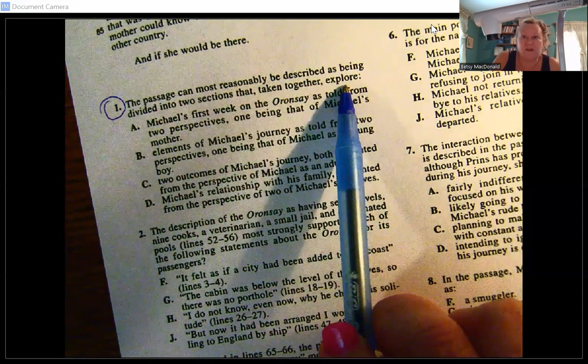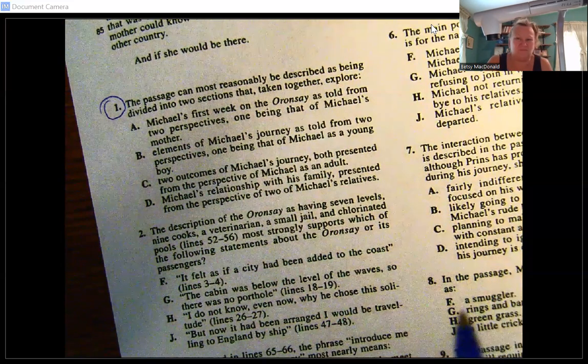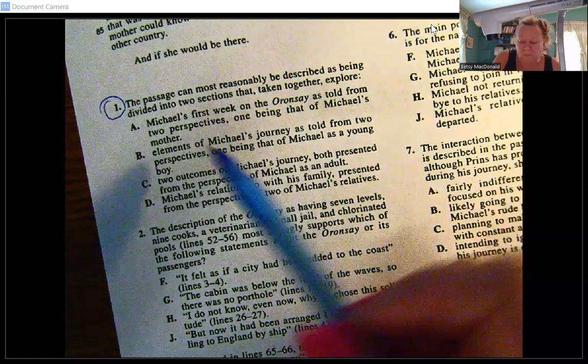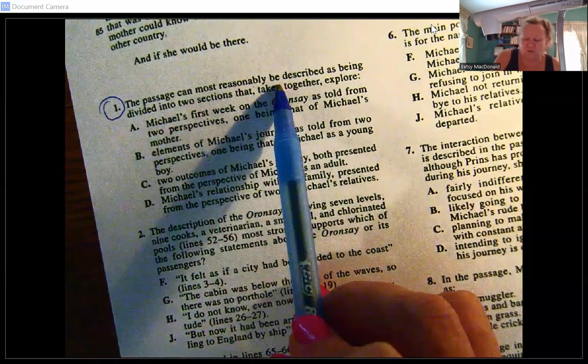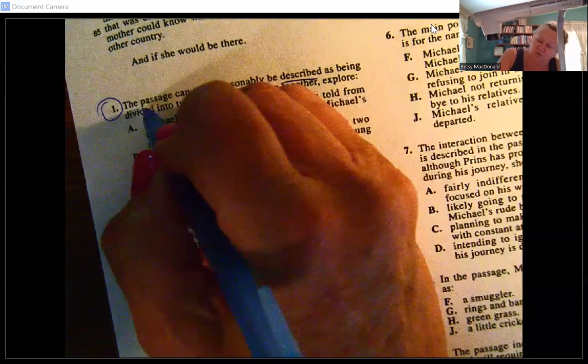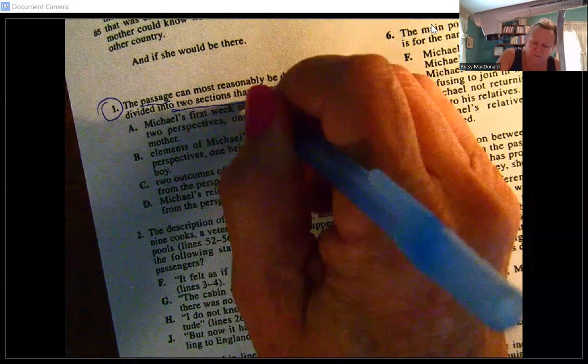All right, I say read the question once, because that was kind of gobbledygook to me. Okay, the passage is in 2 sections. I'm not even familiar with that yet. The passage can reasonably be described. Okay, obviously it's the passage. The passage is described as being divided in 2 sections. Okay, the passage is divided.